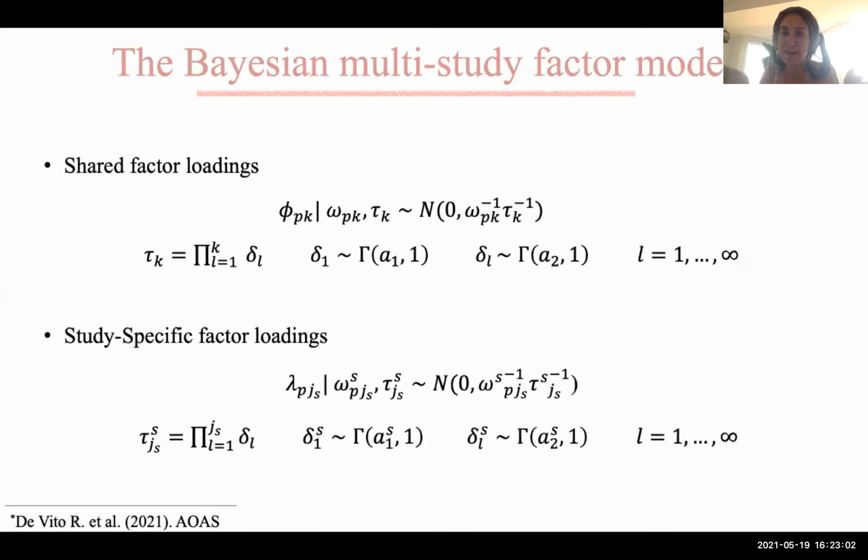So if you keep adding factors, at one point you arrive at a solution where that column will be entirely zero. This is meaningful because the more information you add in your model, at one point your model will be super expanded, so you have to apply a threshold to decide how many factors to retain. And we are putting the same prior on the study-specific factor loadings.